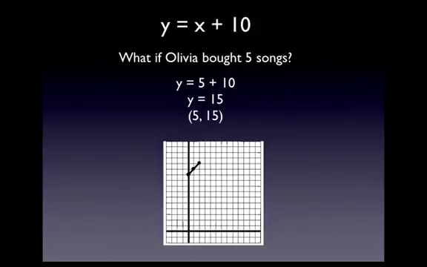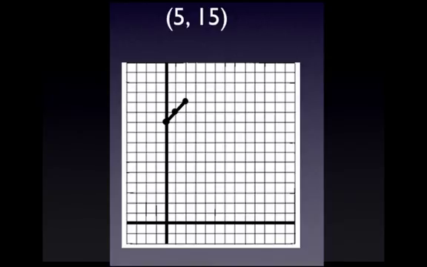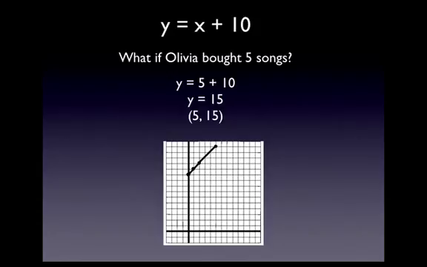Well, let's take a look. We know that we're right if when we graph this, it just continues on our line. And when we do that, if we go to the right 5 and then up 15, it gets placed right within the line that we created with the other coordinates. So we know we're correct.